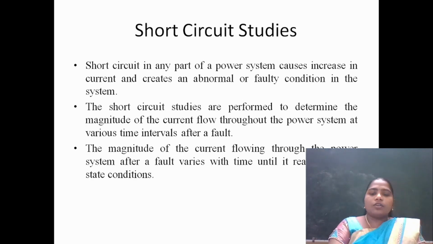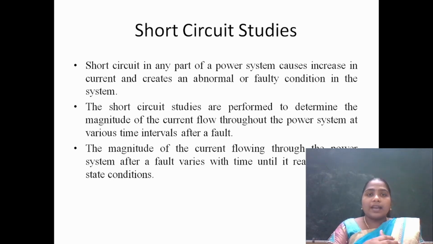And the next is short circuit studies. A short circuit in a power system causes an increase in the voltage or current and creates abnormal or faulty conditions in the power system. The short circuit studies are performed to determine the magnitude of the current flow throughout the power system at various time intervals after the fault.